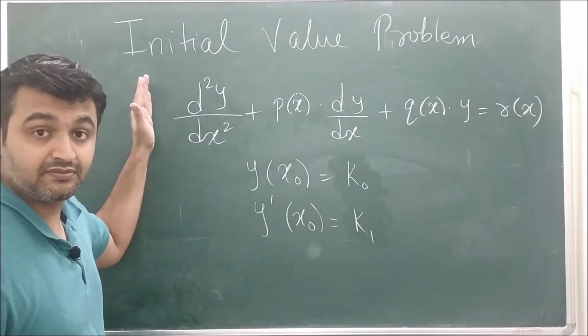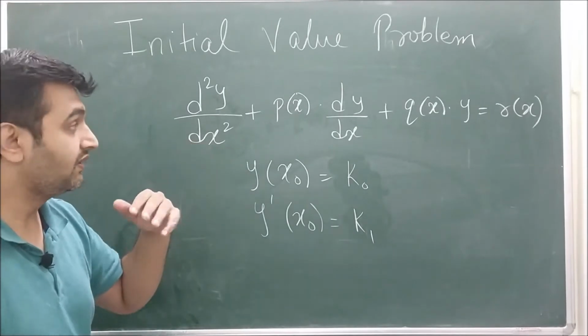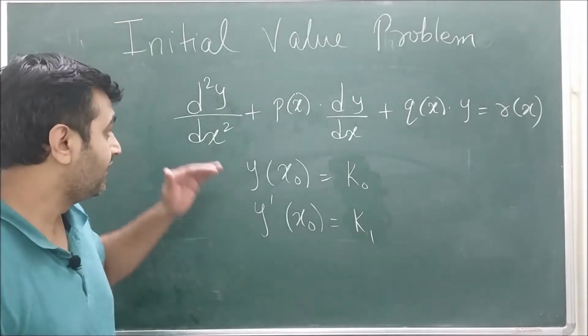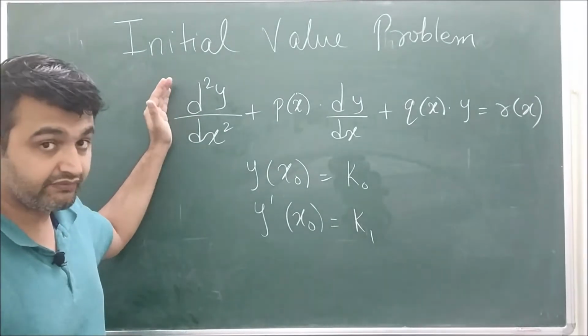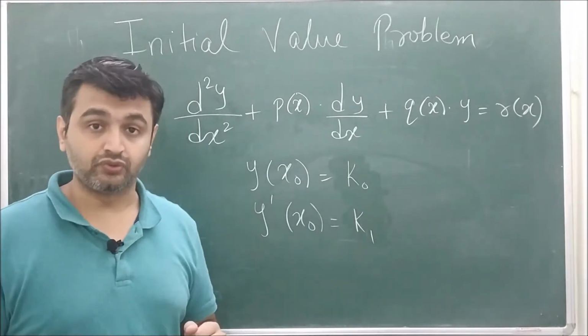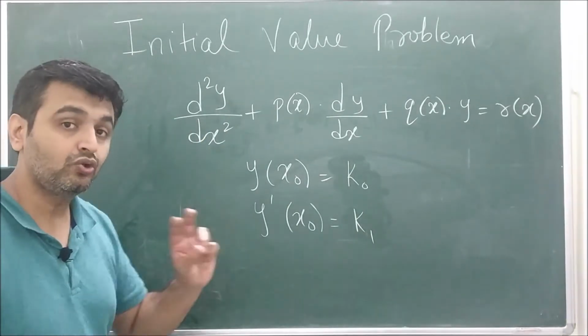Now, how does an IVP look for a second order linear differential equation? So this is my second order linear differential equation, and here, like for first order you had only one arbitrary constant in the general solution, we will see that for a second order linear differential equation, you will have two arbitrary constants in the general solution. If I want to find those two arbitrary constants, I will need two conditions.